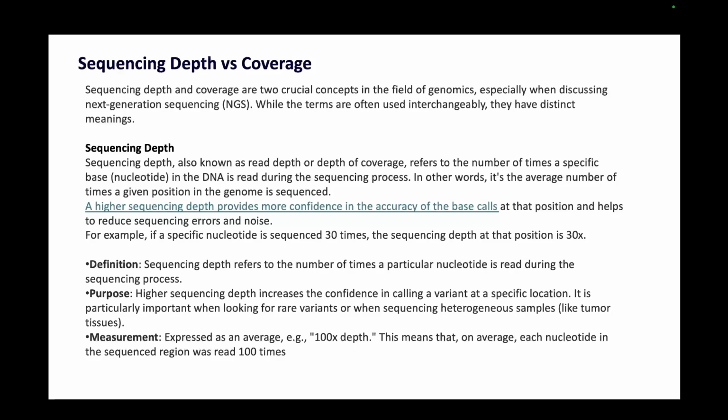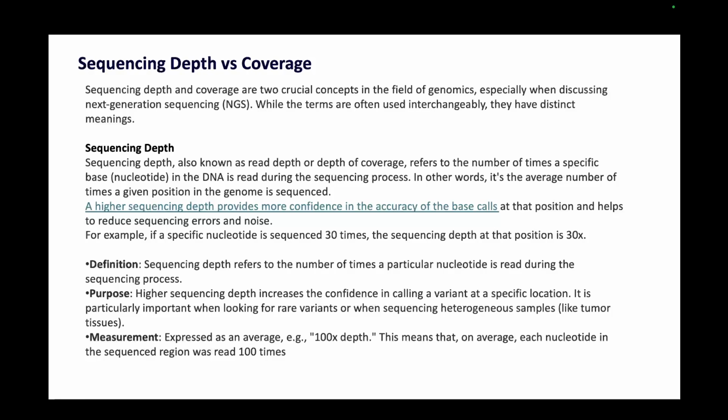It is basically the average number of times a given position in the genome has been sequenced. So how many reads have sequenced that particular position, that particular nucleotide. That is what sequencing depth gives you.